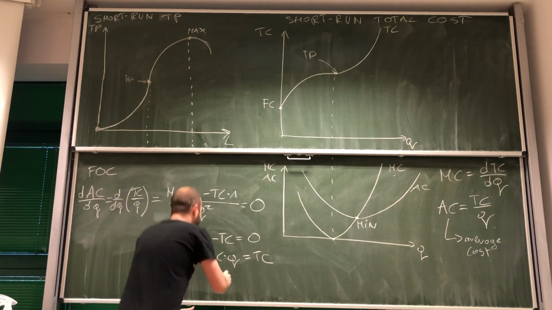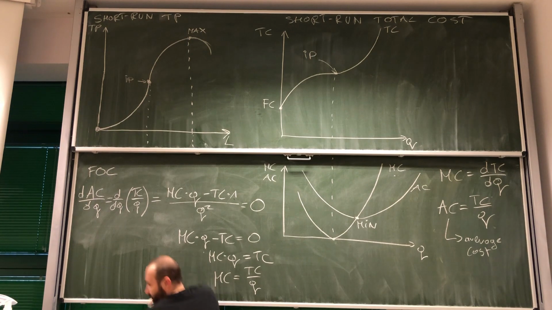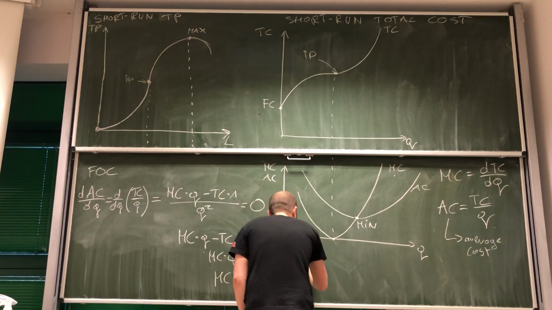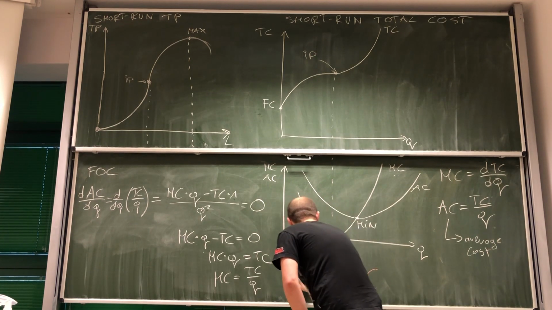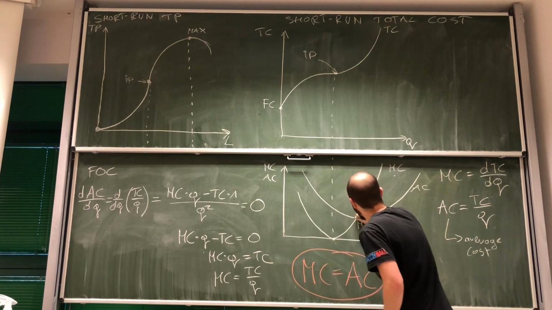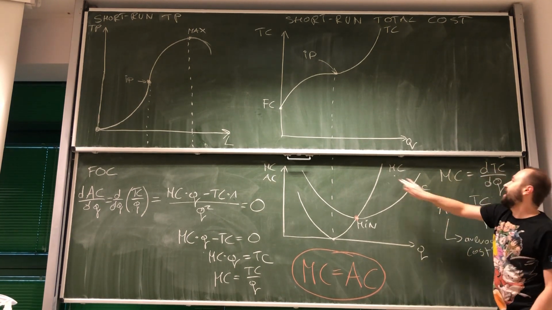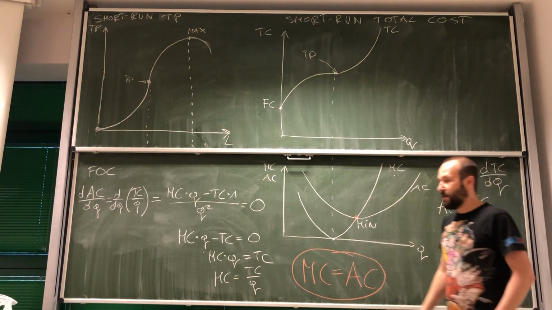And finally, we get the marginal cost equals to total cost over quantity, or as we would prefer to put it, marginal cost is equal to average cost. So again, we see that average cost takes the lowest possible value at a point where marginal cost and average cost are equal to one another.